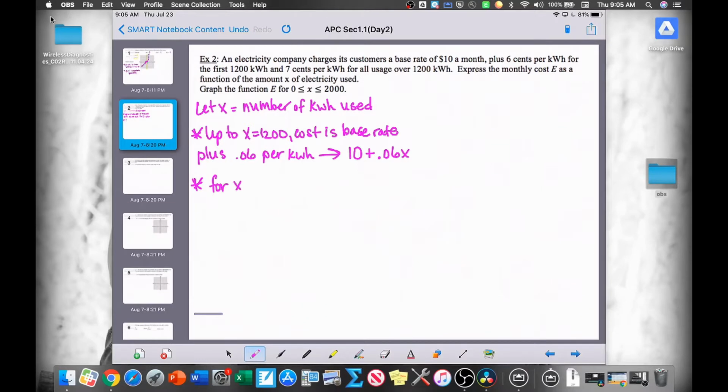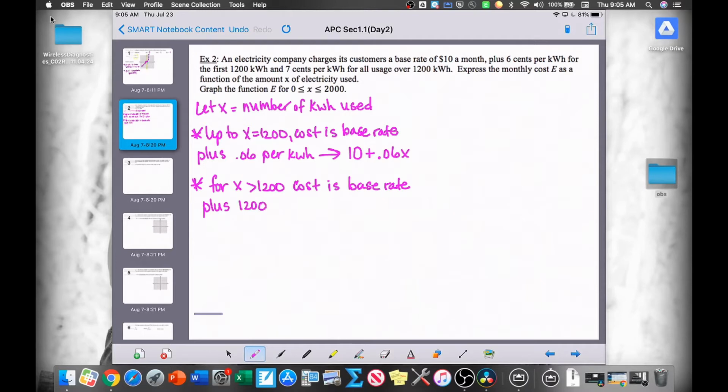So for X greater than 1,200, our cost is the base rate plus, if we're using more than 1,200 kilowatt hours, then we have to pay for the 1,200.